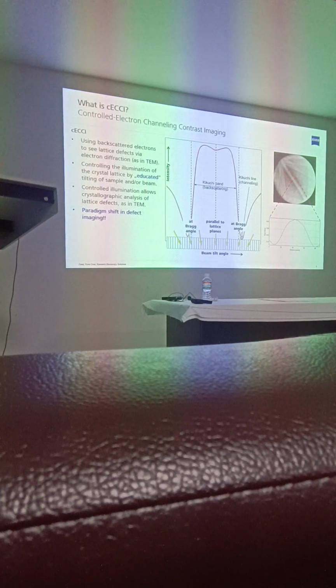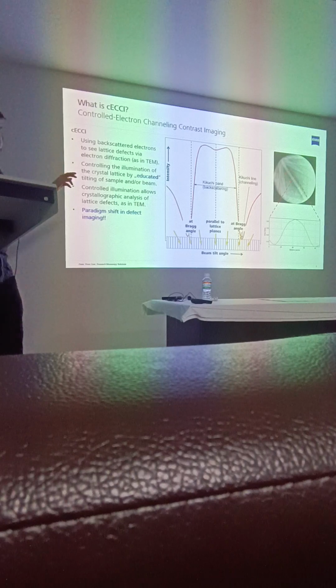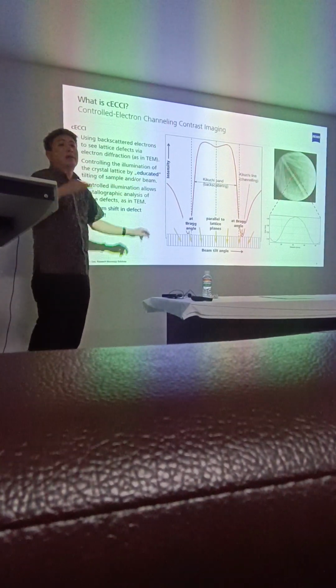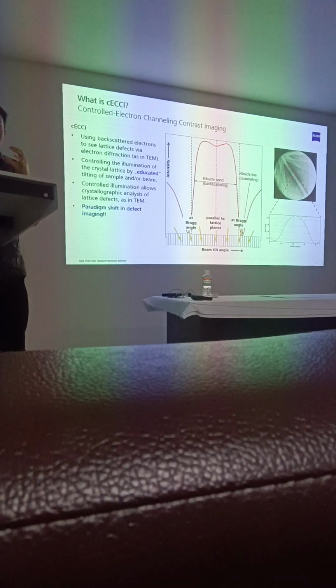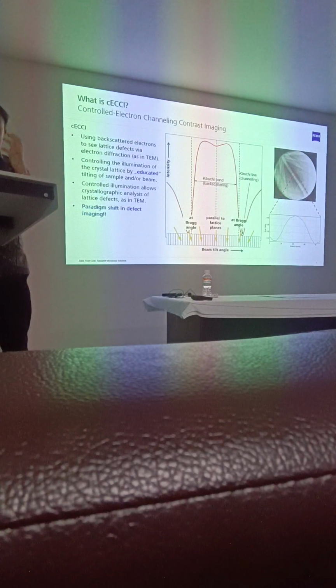When electrons are diffracted. But what is most important is that we want to tilt and rotate, right? We want to know which direction essentially we are looking at, and we need to use the EBSD.